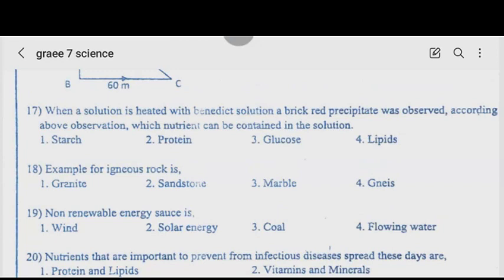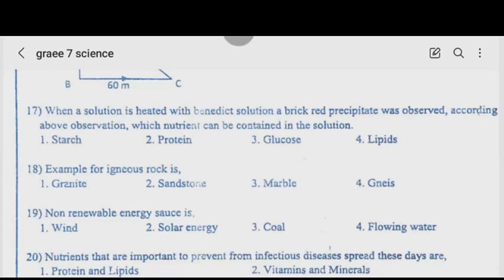For that, you have to put a solution. For glucose also, you have to put a solution to find whether glucose is present. To find that, the solution is Benedict solution.